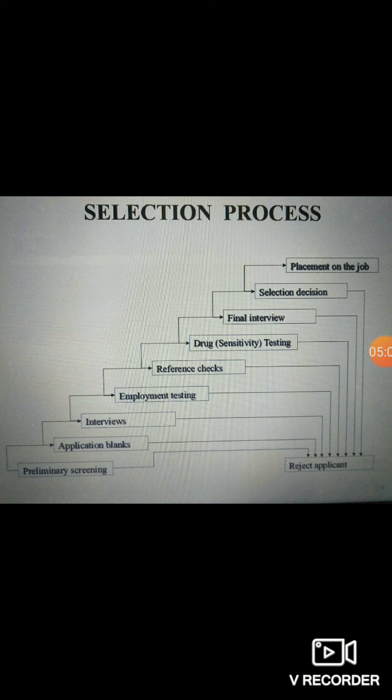So after the preliminary screening, we will take the remaining 80% of candidates to the application blank stage. In this stage we are giving them the pre-printed application form with the logo of the company, which is the property of the company. That is why I am insisting on the application blank carrying the logo of the company.